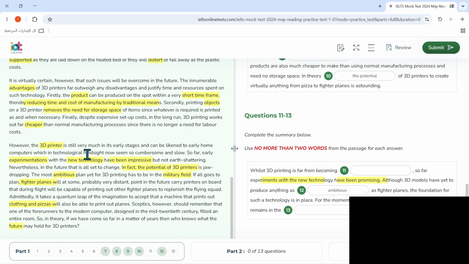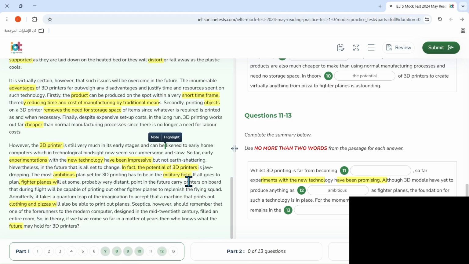So 3D printing is still very much in its early stages, and can be likened to early home computers, which in technological hindsight now seem cumbersome and slow.